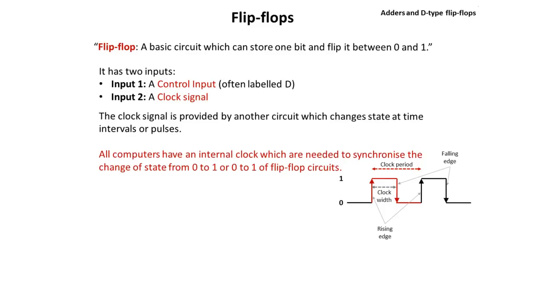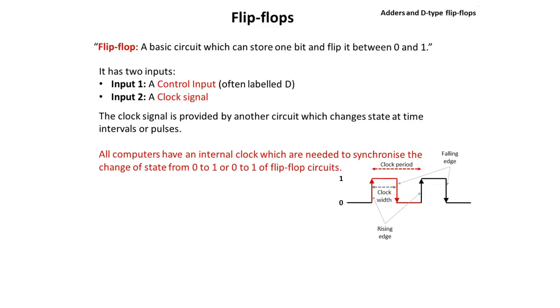The clock signal is itself provided by another basic circuit, which is responsible for constantly changing states from 1 to 0 and 0 to 1 at regular intervals or pulses, like a heartbeat. These regular pulses or heartbeats are commonly needed in computer hardware.